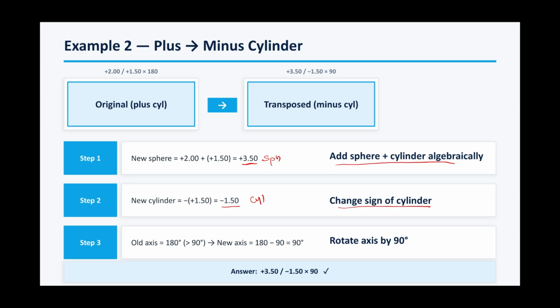Rotate the axis by 90 degrees. It is 180. Since it is more than 90, we deduct 90, getting the new axis as 90 degrees. So the new prescription is +3.5 minus 1.5 at 90 degrees. This is the transposed value of the given prescription.